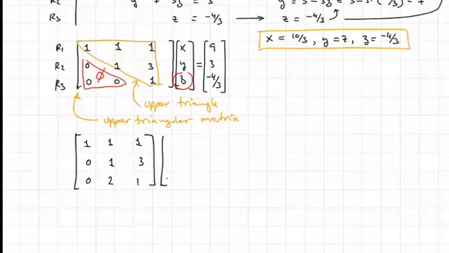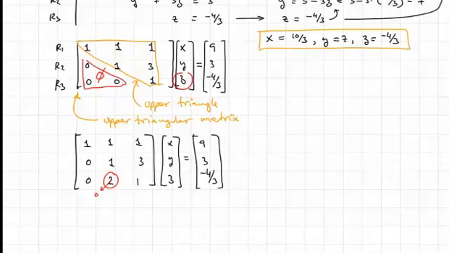Okay, x, y, z, 9, 3, and minus 4 thirds. So what we need to do is replace this 2, we need to change that to a 0. So how would we go about doing that?